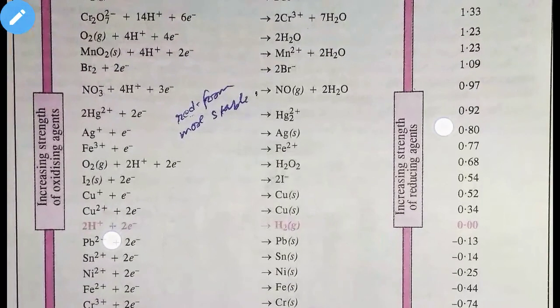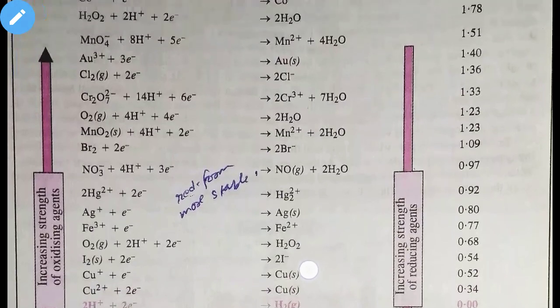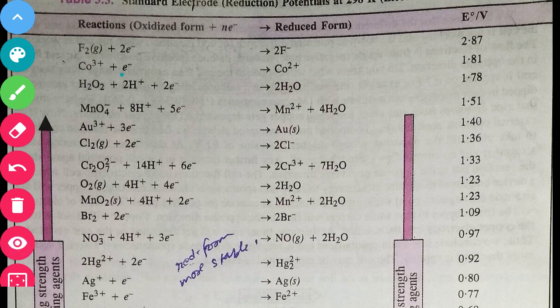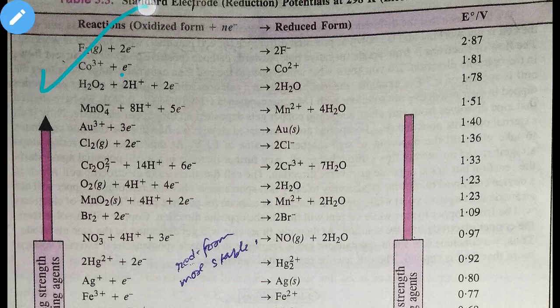So this is the electrochemical series. You will find it in your NCERT books also, but I thought I should give the explanation here. Here you can see how the electrodes have been arranged.